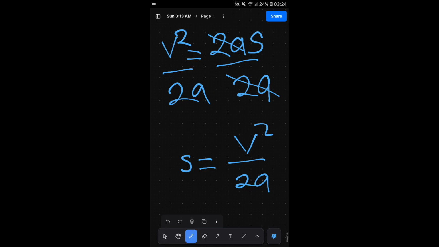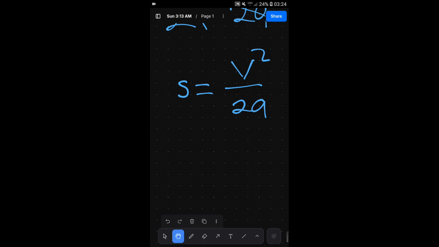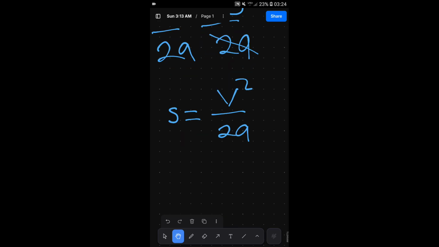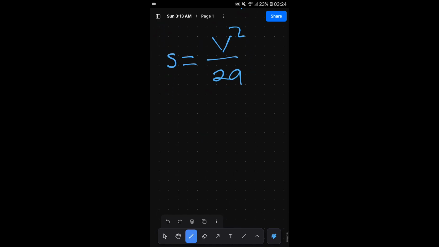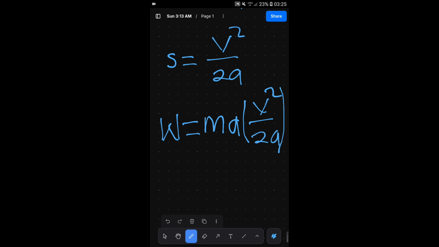So if we substitute s for d, work done W becomes m a times v² on 2a, like this.